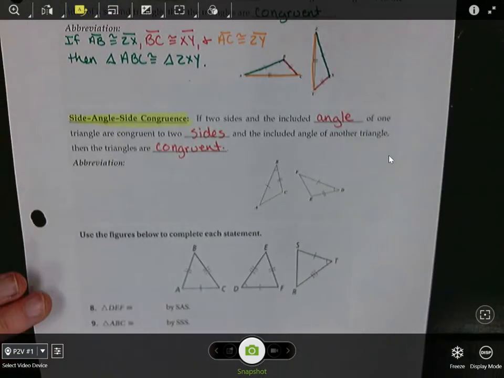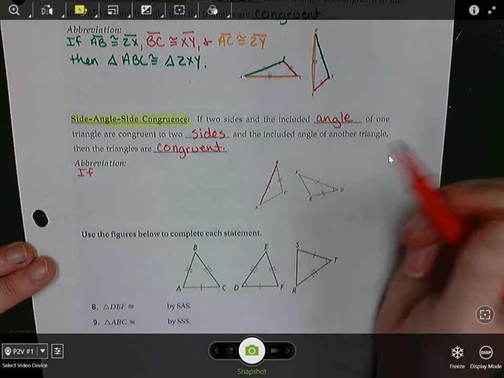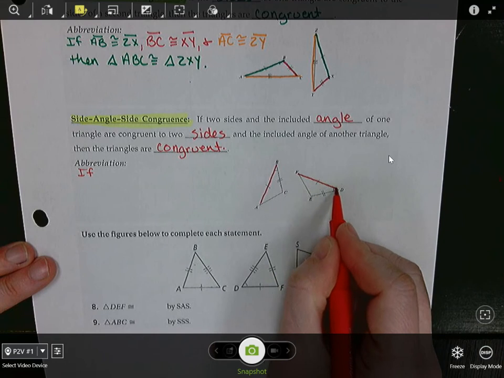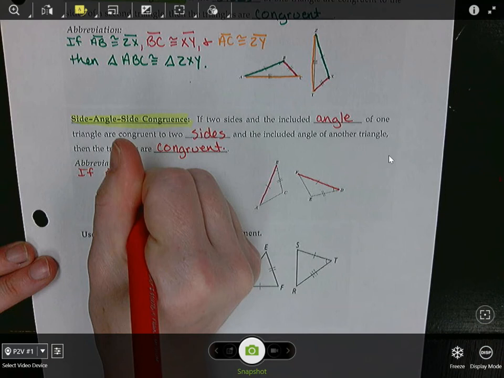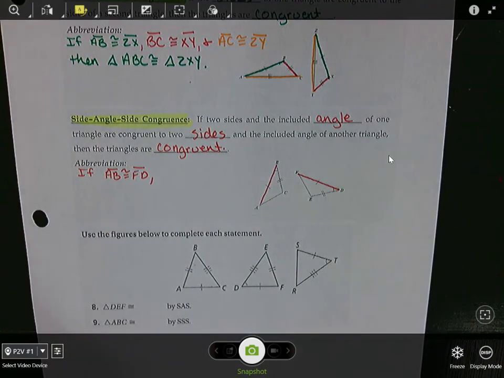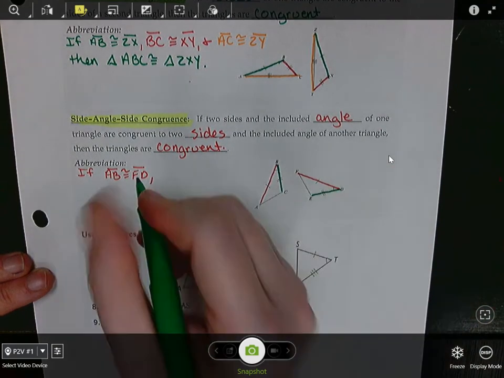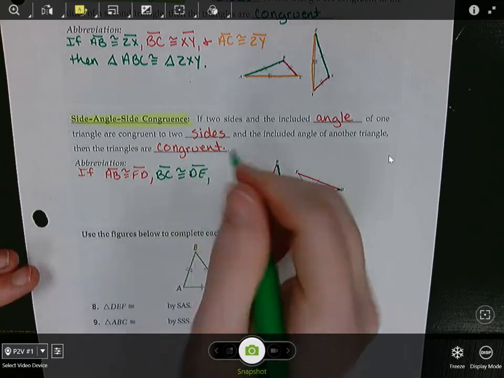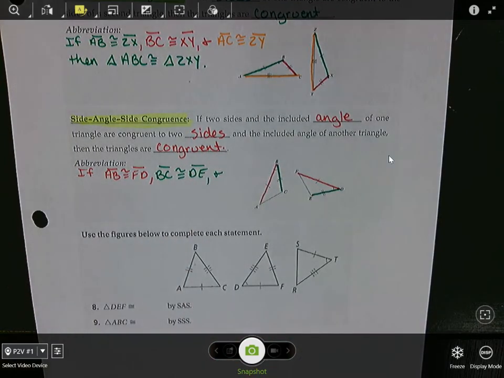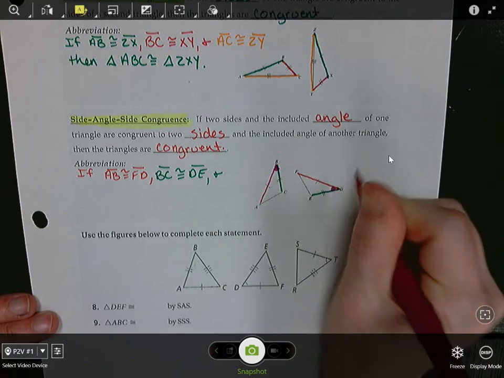Okay, so looking at your picture, notice how AB is marked congruent to FD. And then also BC is marked congruent to DE. And angle B is marked congruent to angle D.